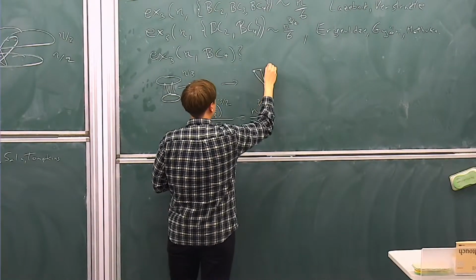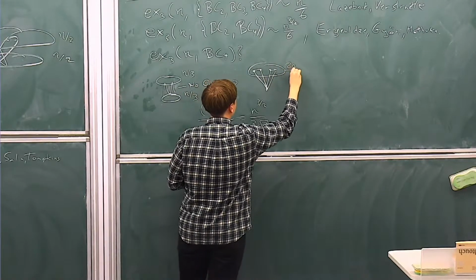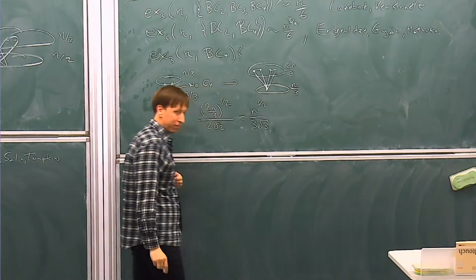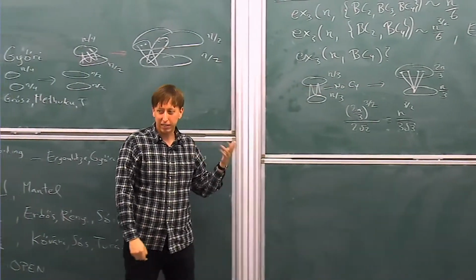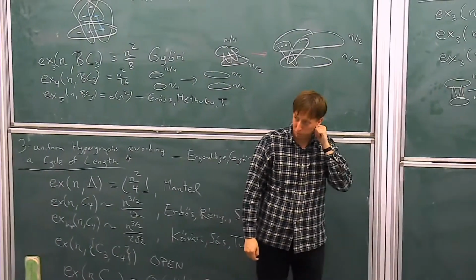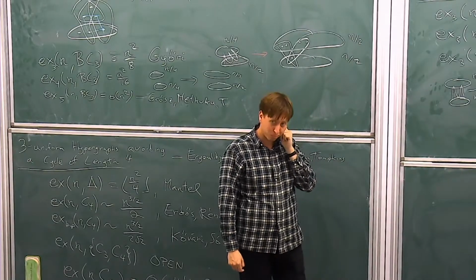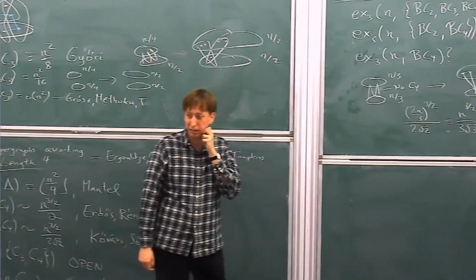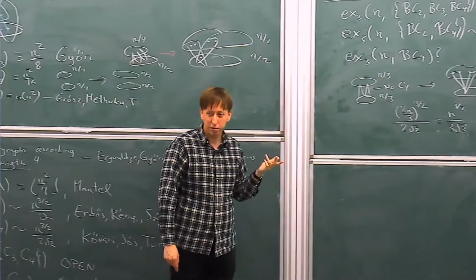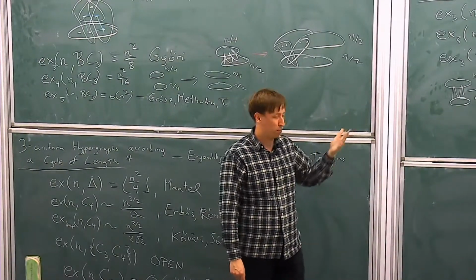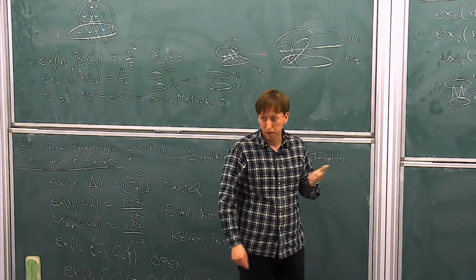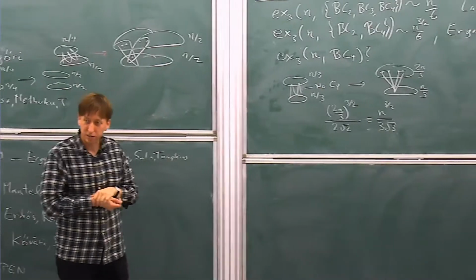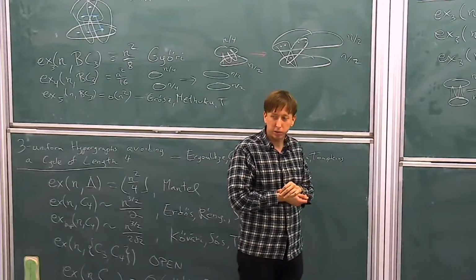In the end I have something with 2n over 3 vertices up top, n over 3 downstairs, and you can check that this has no Berge 4 cycle. It has 4 cycles in the trace: if I look at the 2 shadow, the edges contained in hyperedges, I have 4 cycles, but they're not 4 cycles in such a way that I can assign a unique hyperedge to each edge. They're not Berge 4 cycles.